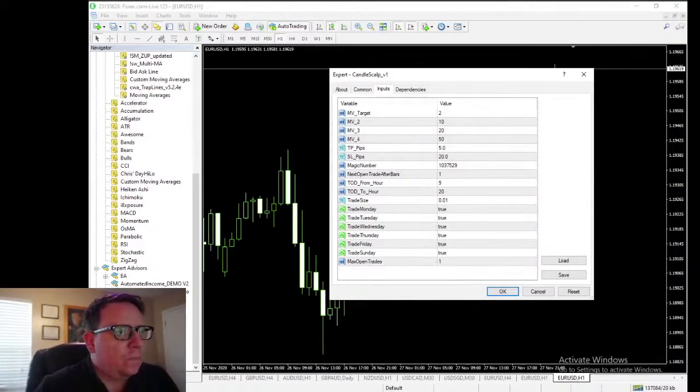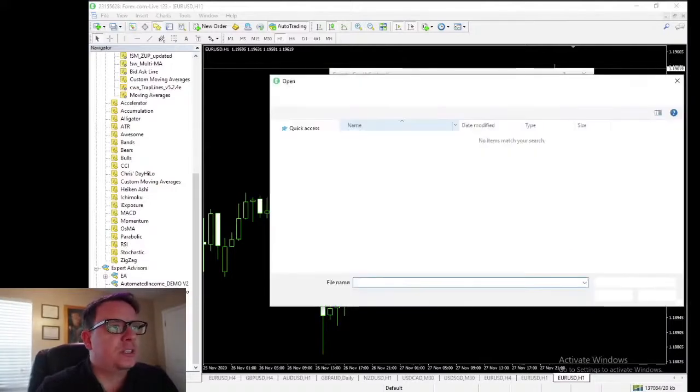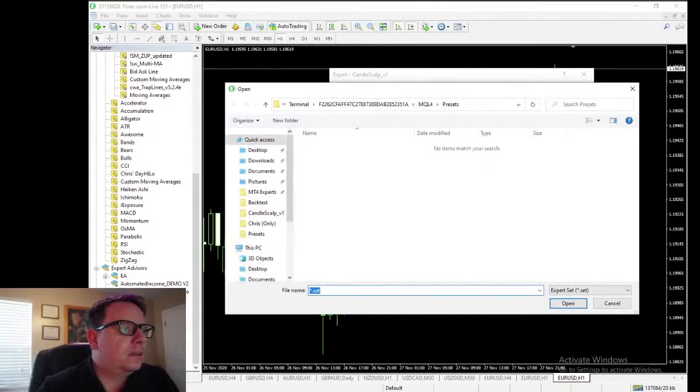So let's load a preset. When you download an expert advisor from me, you're going to get my presets, because when you put the expert advisor onto a chart, that's just the starting stage of it. Then you need to add in what you want it to do.